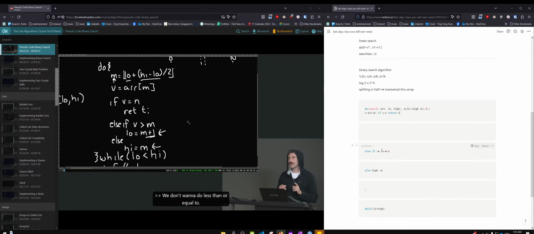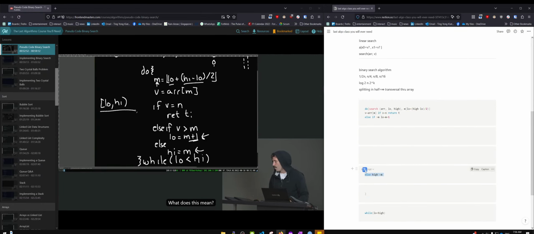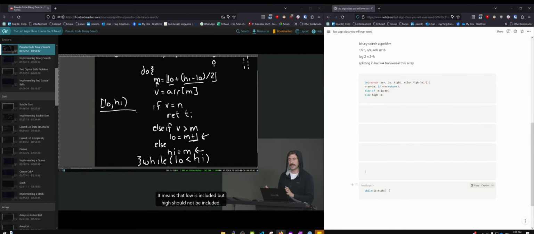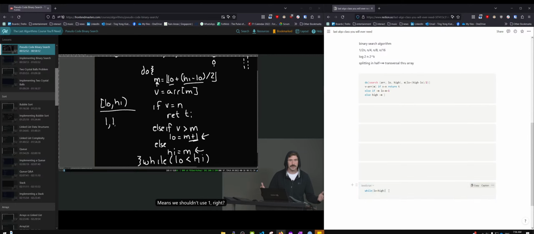We don't want to do less than or equal to, because if you think about it, this is the classic off by 1. This is another off by 1. What does this mean? It means that low is included, but high should not be included. So if we include 1, but we should exclude 1, what does that mean? It means we shouldn't use it, right?